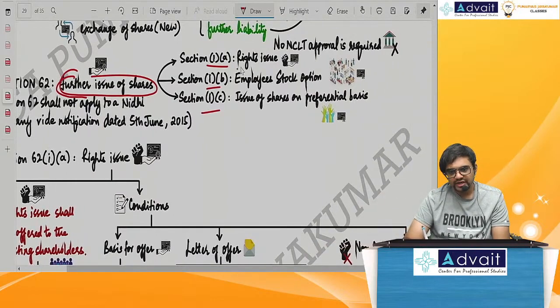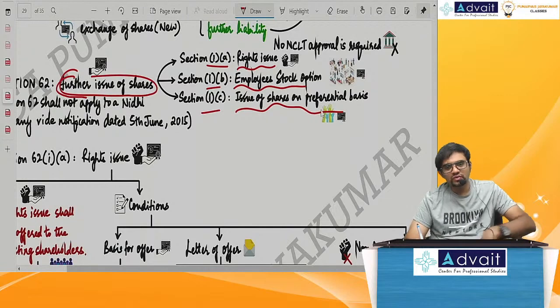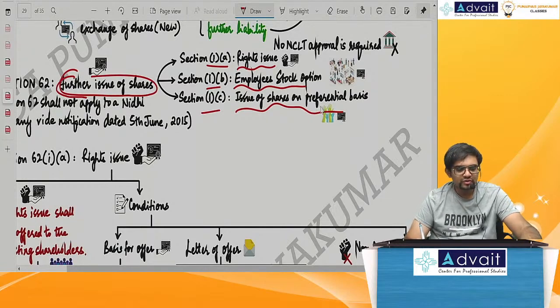Further issue can be a right issue, employee stock option plan, or issue of shares on a preferential basis. Right issue is 62(1)(a). 62(1)(b) is a different thing, the employee stock option plan, and then we also have the preferential issue, 62(1)(c). That is what they are trying to tell.